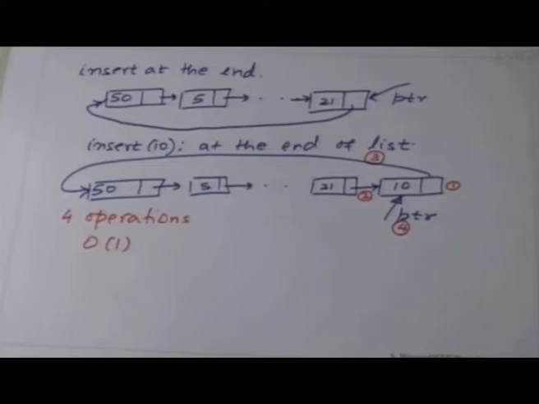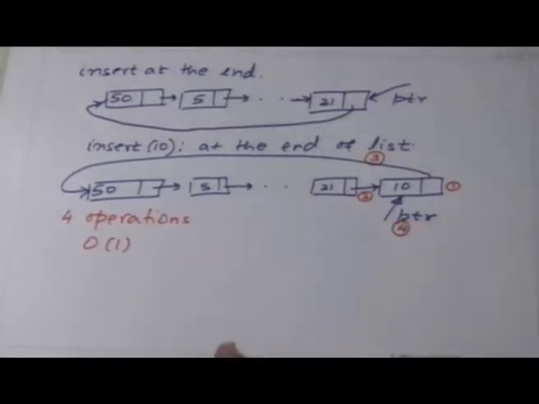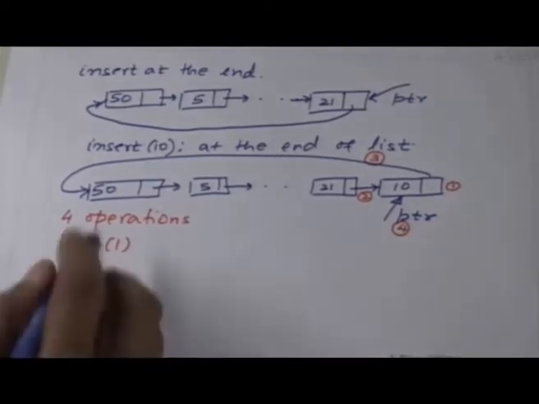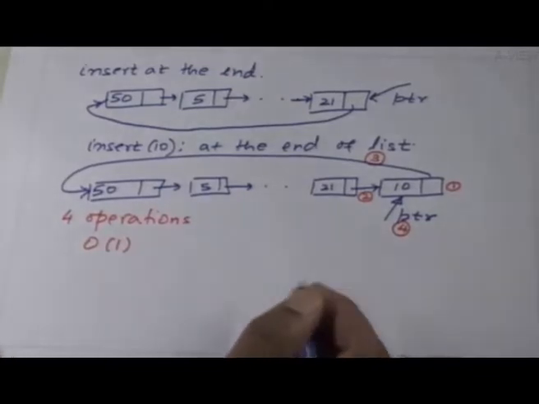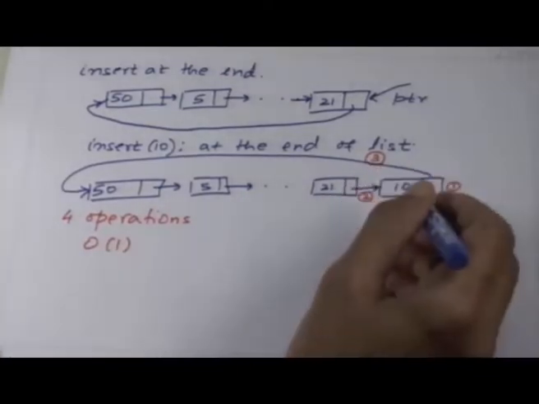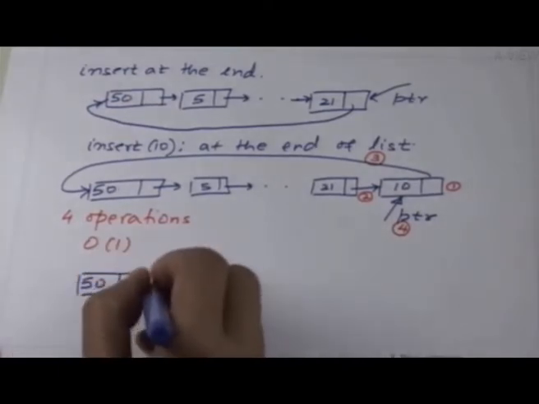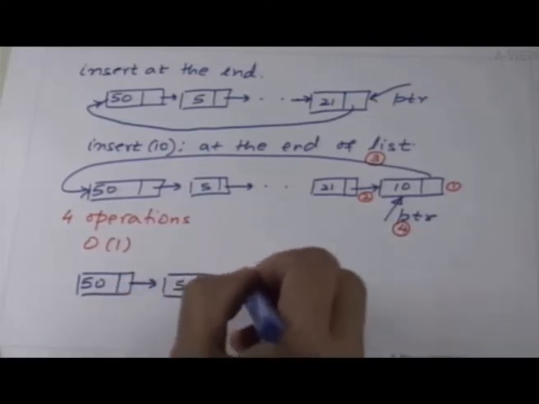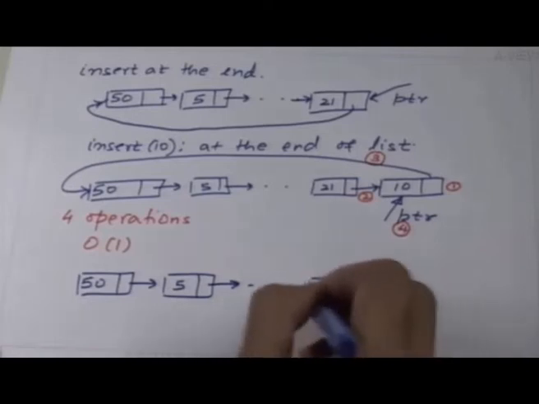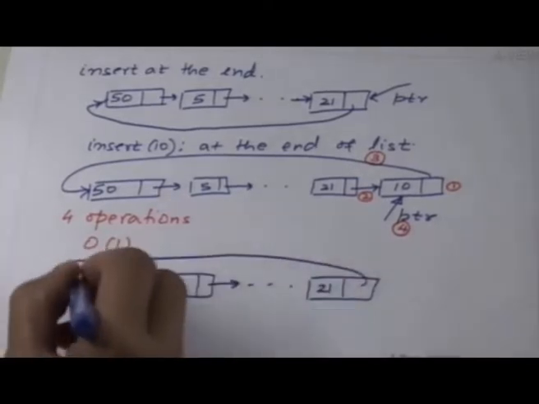Okay, so this is the new list. As you can see, PTR is pointing to 10, which is presently the rear end of the list. The front happens to be 50, and here we are saying please delete the element which has the value 10, which means what we want after the operation has been successfully completed is this list where the last element has been deleted. Okay.